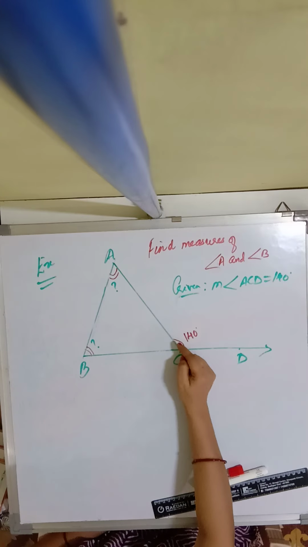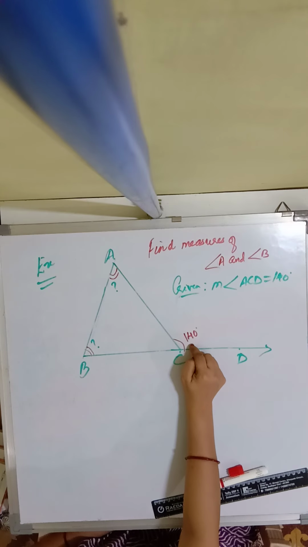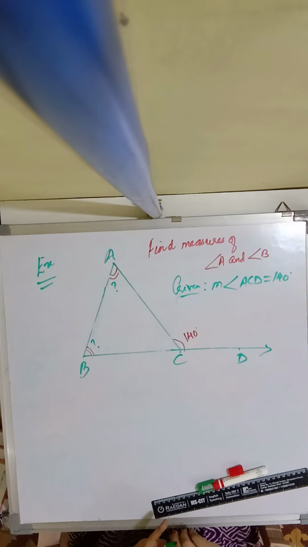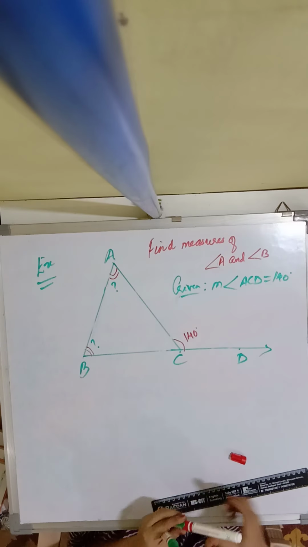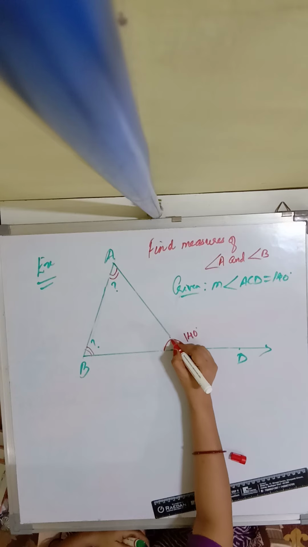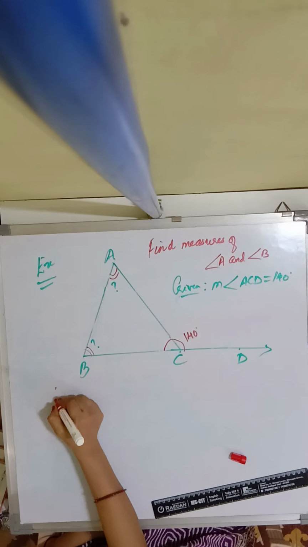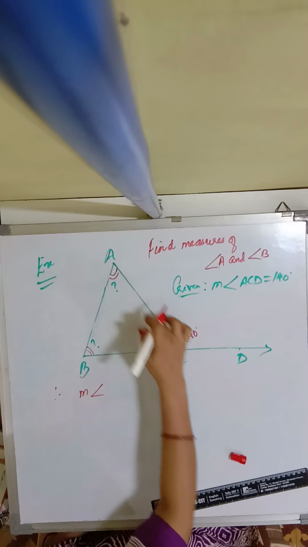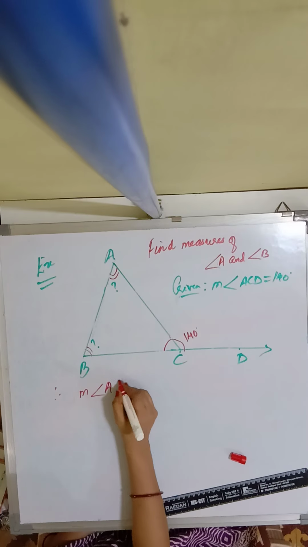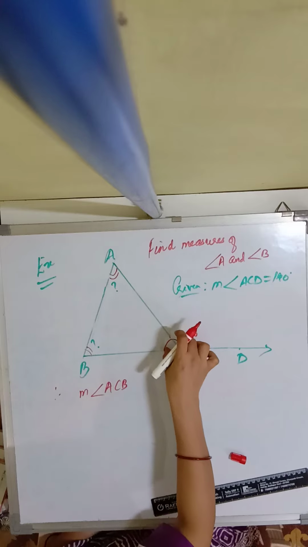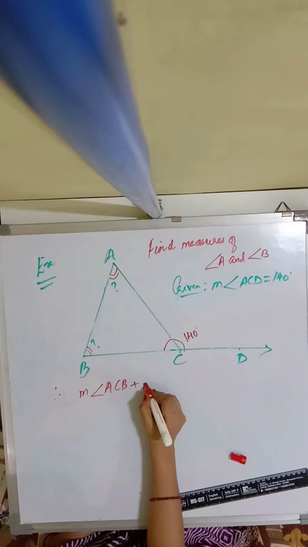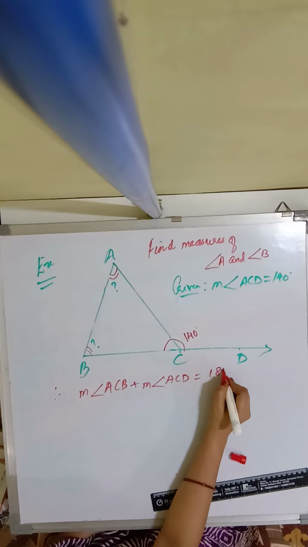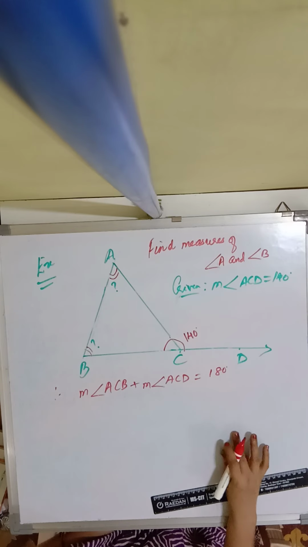Now see children, since this angle is 140, we will first find angle C. Yes or no children? Why? Because this angle is forming a linear pair. Therefore measure of angle ACB plus measure of angle ACD is equal to how much? 180 degree, as we know they are linear pairs.